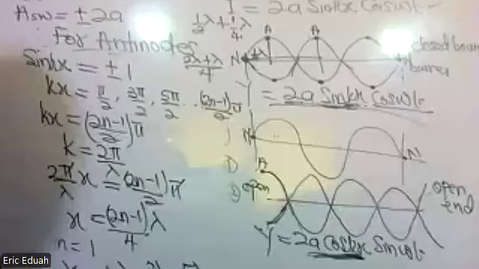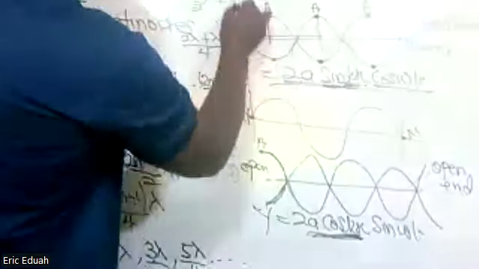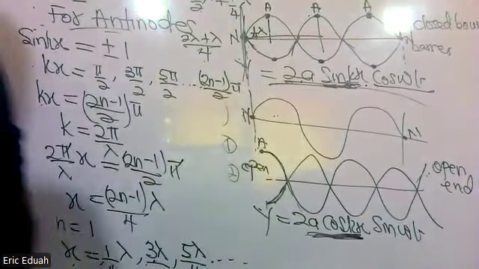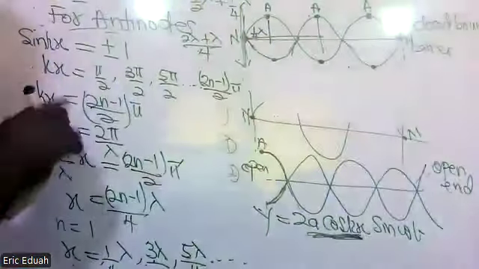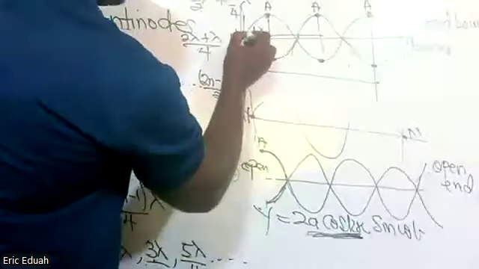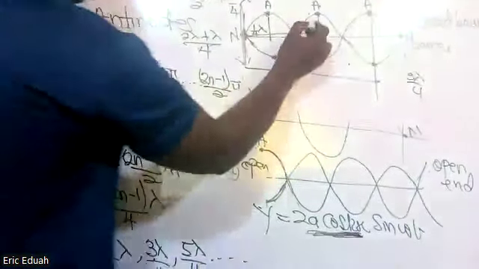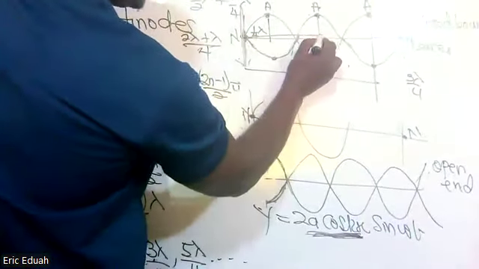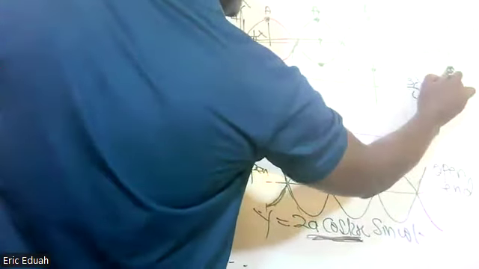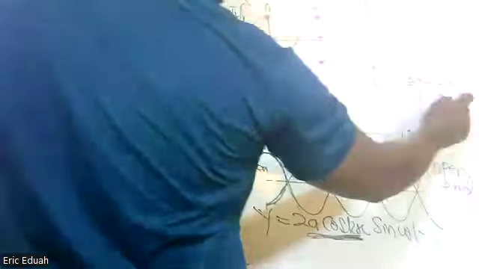Then another point where an antinode will be formed is here. What is this distance from the end? From here to here, it is equal to 3/4 lambda, plus another half lambda.